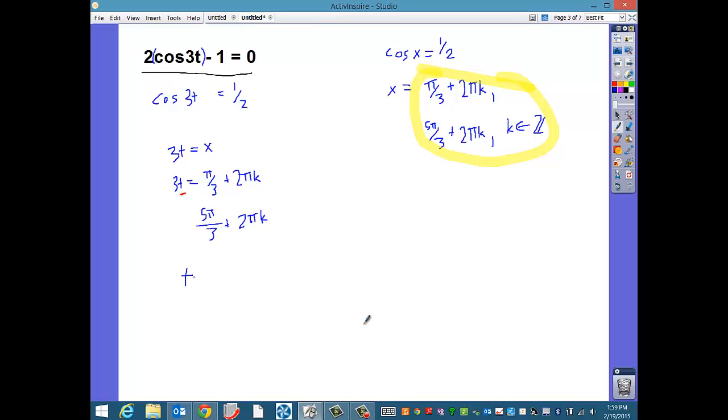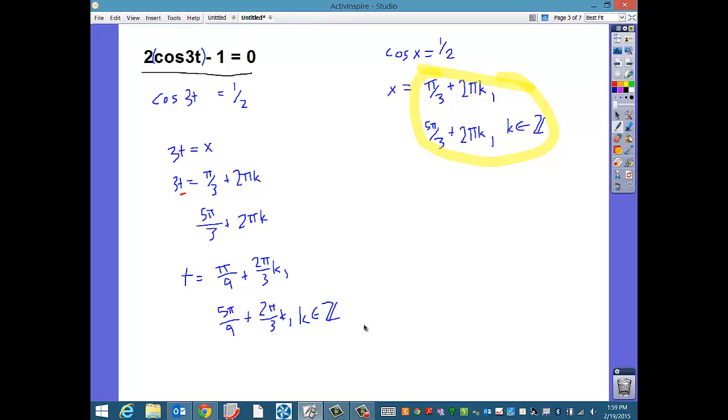So we wind up with t is equal to pi over 3 divided by 3 gives me pi over 9. And then I divide this by 3. Okay, and then the other part of that is 5/3 pi divided by 3 gives me 5/9 pi. And again, plus 2/3 pi k, where k is any integer.